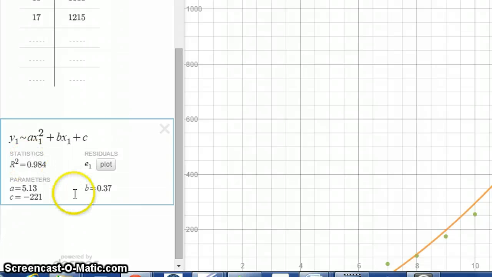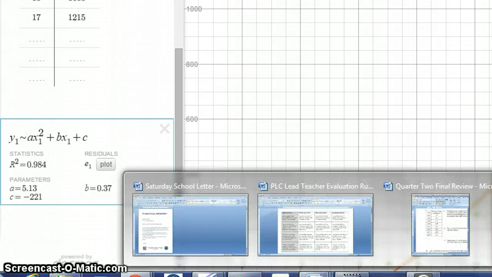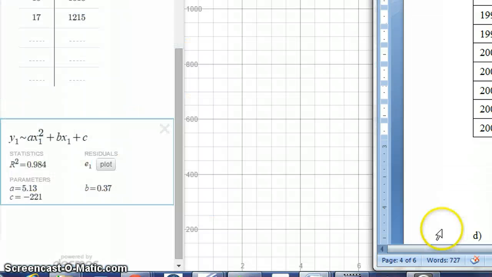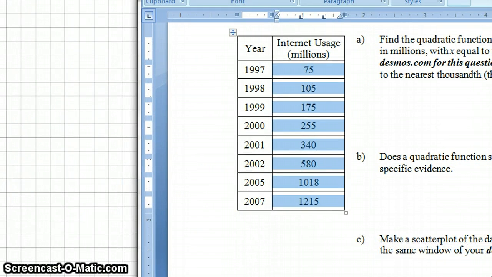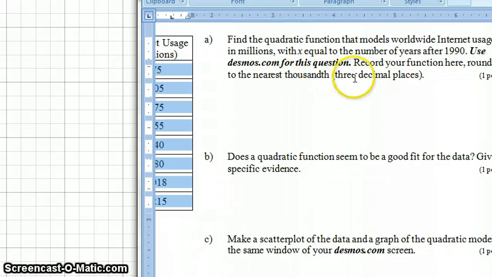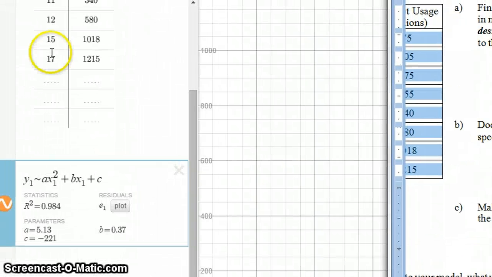You can see that Desmos rounds the parameters to 2 decimal places instead of 3 decimal places as your assignment asks for, right? They say please round to the nearest thousandths, 3 decimal places, but we'll change that on the final test. You can just round to 2 decimal places.